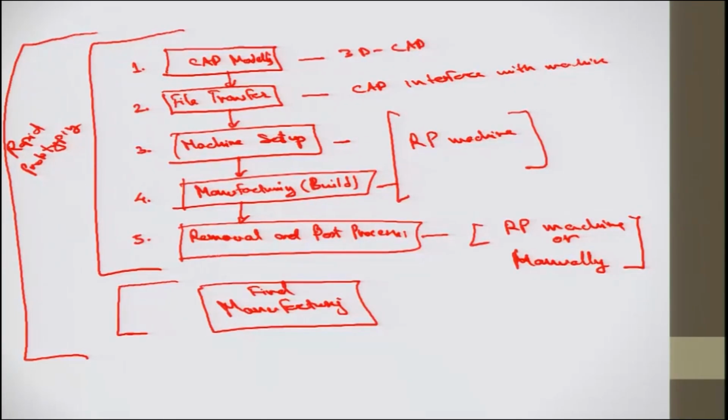When the prototype is ready, the feedback is taken from the fifth step to the first step. But sometimes the CAD model is all good and feedback is given to machine setup only. So this is my feedback, and this is done before manufacturing.